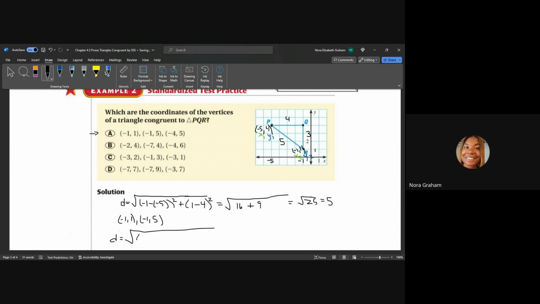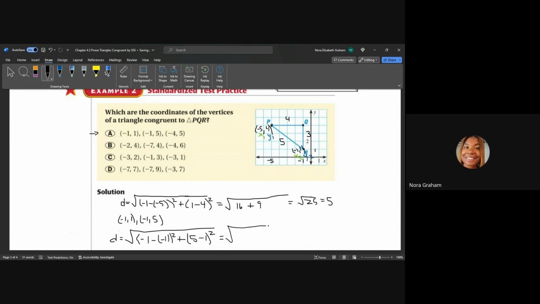So then I get -1 minus -1. And again, if you have to label yours, like your x sub 1s and your x sub 2s, go ahead and do that. And then plus, I have 5 minus 1 squared.